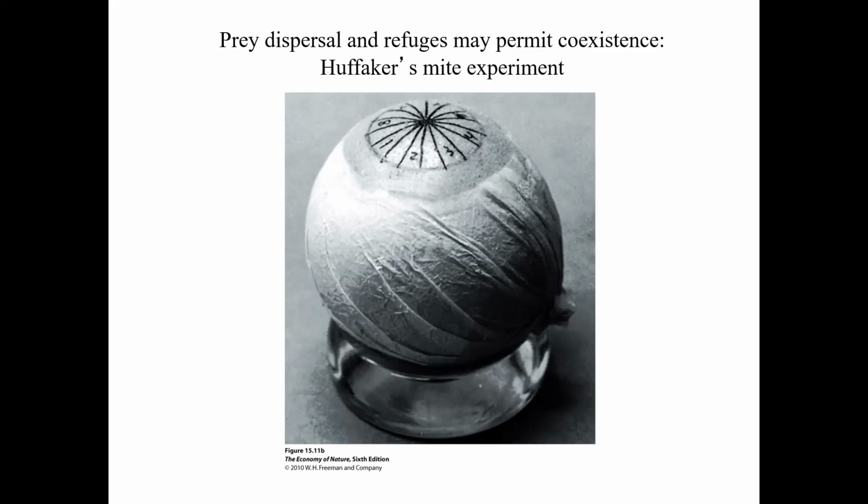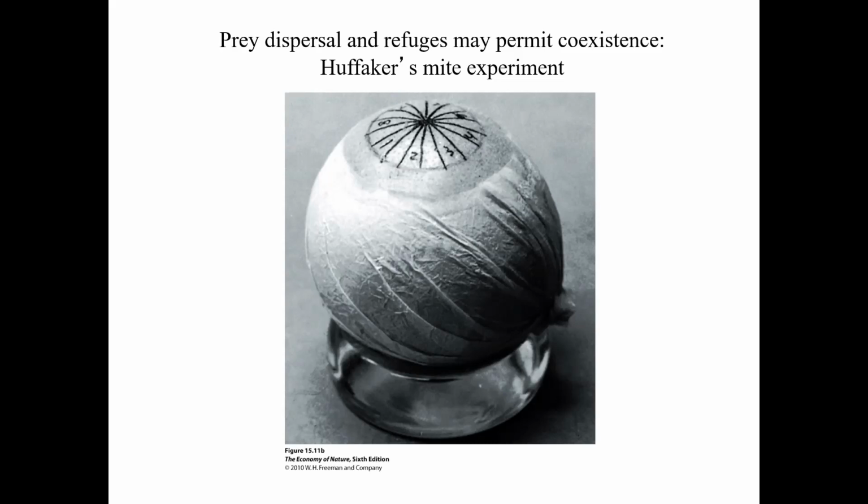So how does that work? How do they stay ahead of their predators? If their predators are driving them extinct on one orange, can they disperse to another orange before the predator can find them? So what he did was a series of experiments.